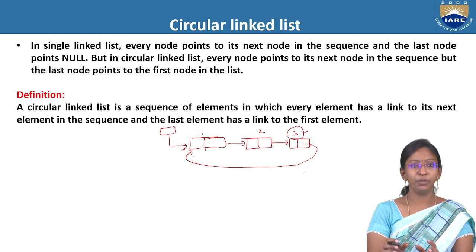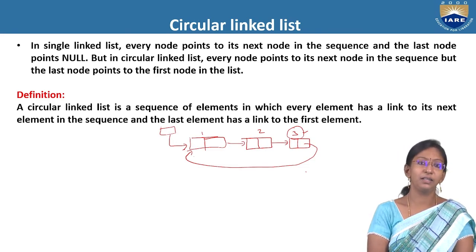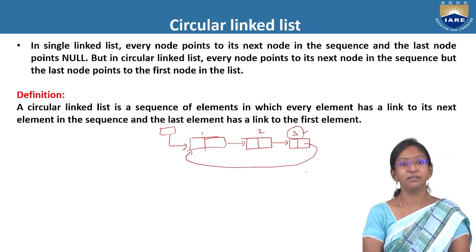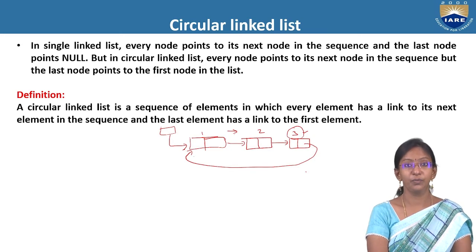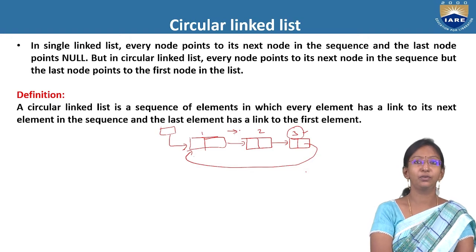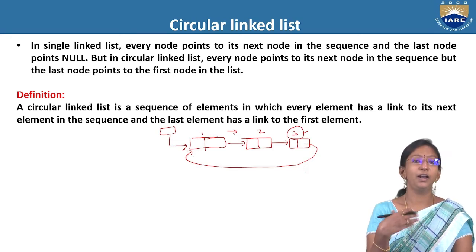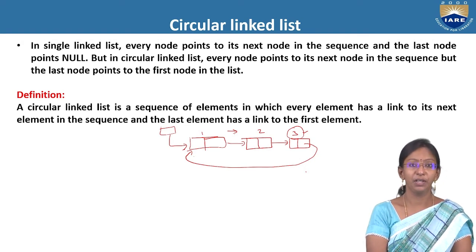If we can bring a chain structure to that, then we can say that one of the problems of a single linked list can be overcome, right? So we all know that single linked list runs in one direction. So as it runs in one direction, you cannot come back to your previous element because every node stores the address of the next node, but not the node which is behind it, right?